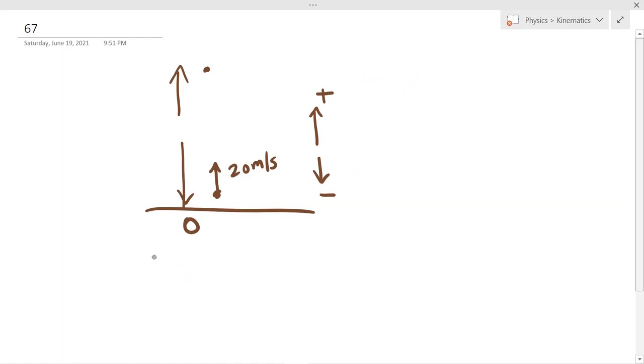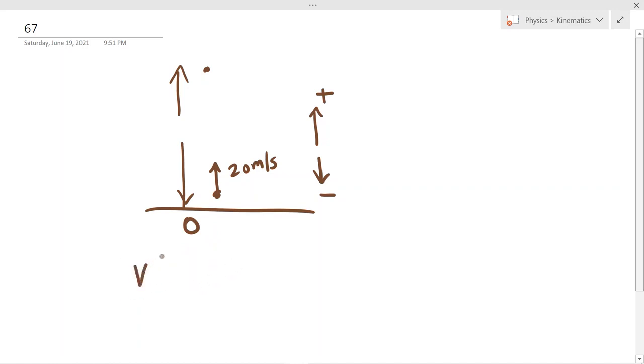Now h is equal to s is equal to this height h minus 0, final minus initial position. No, we do not have to use this formula.